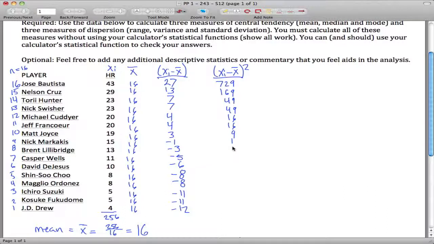Negative 1 squared is positive 1. 3 squared is 9. 5 squared is 25. 36, 64. Negative 11 squared is 121. And negative 12 squared is 144.